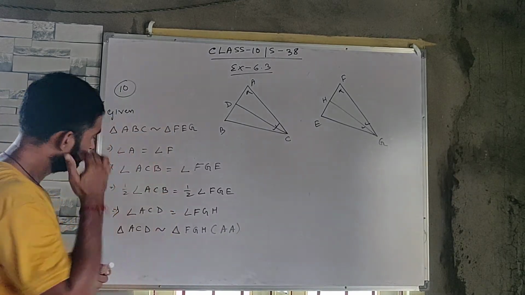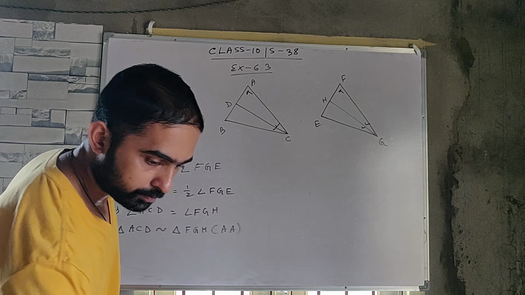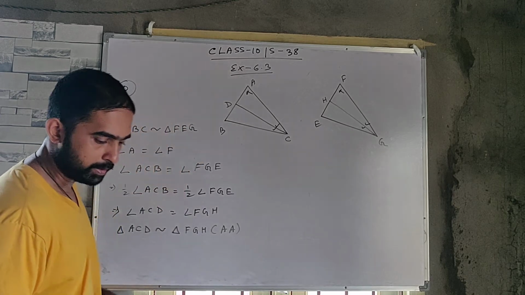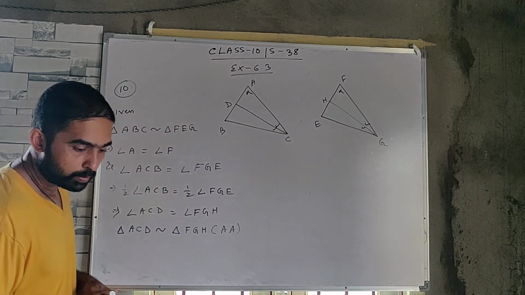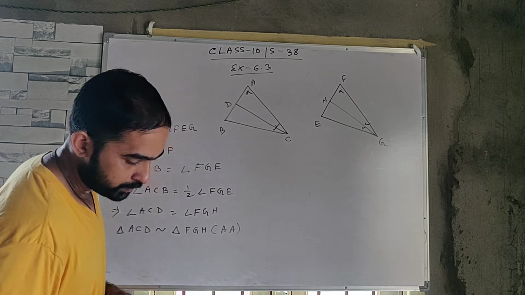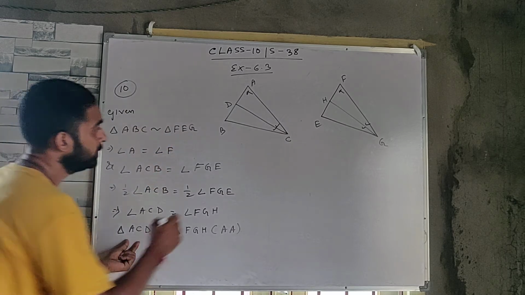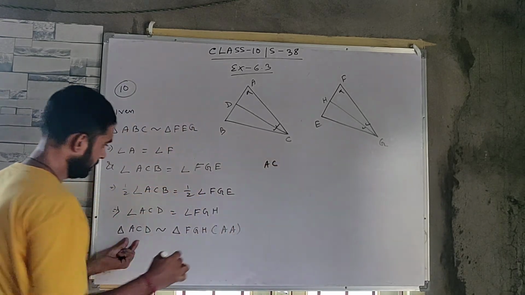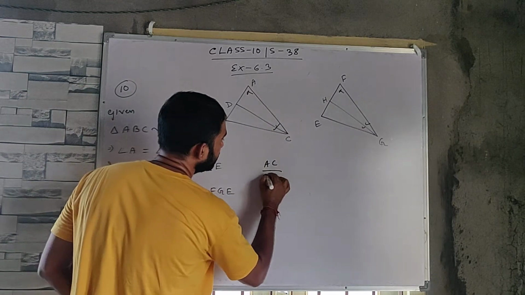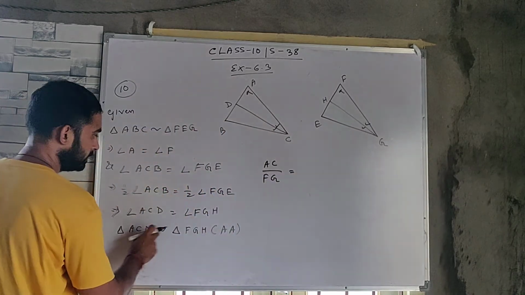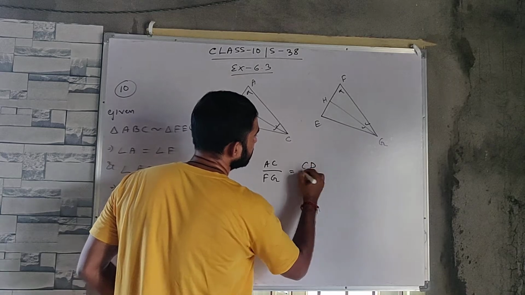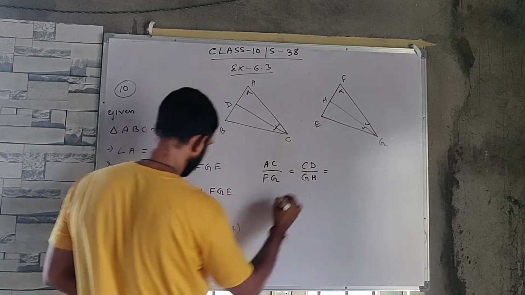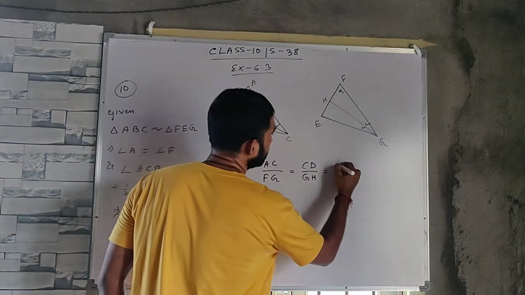They are similar, so we can say AC by FG equals CD by GH equals AD by FH.